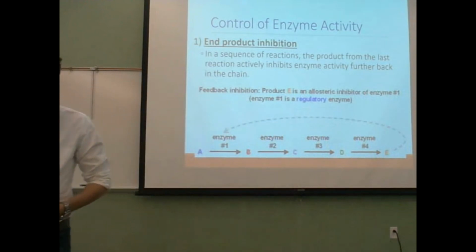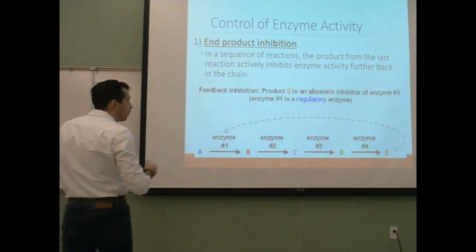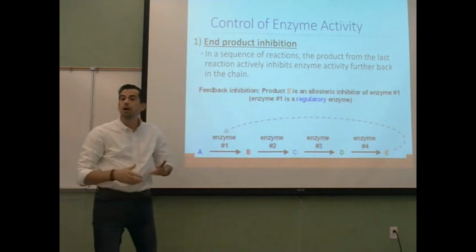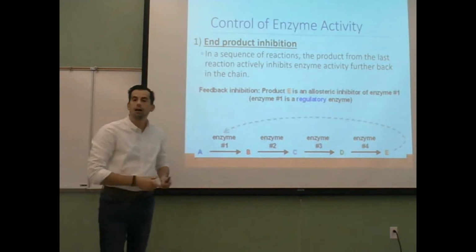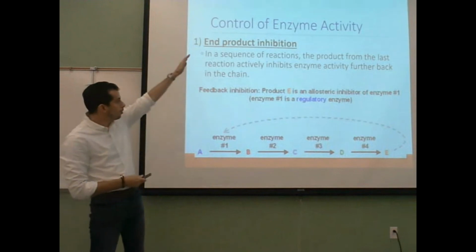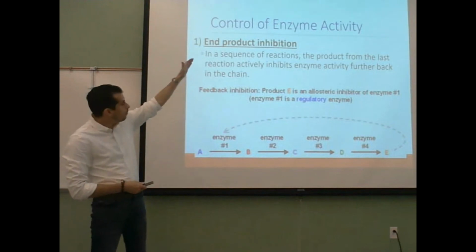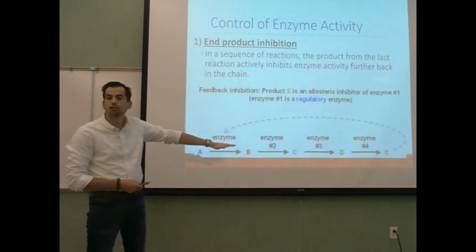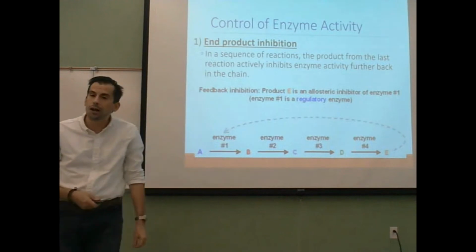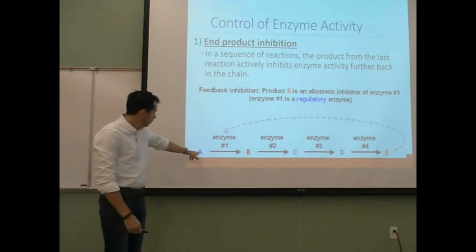Now, we've looked at cascades of reactions before. As I'm saying that, you may be asking, what does he mean by a cascade of reactions? Think about glycolysis. We started with glucose at the top. We moved it to glucose 6-phosphate. We had 7 or 8 different steps until we ended up with pyruvate at the very end.